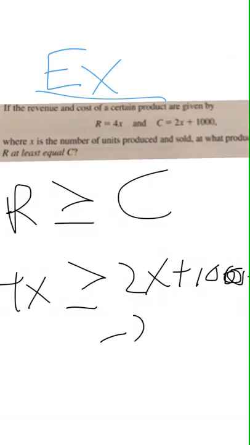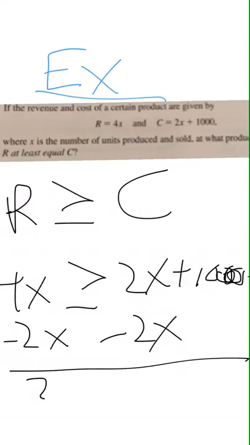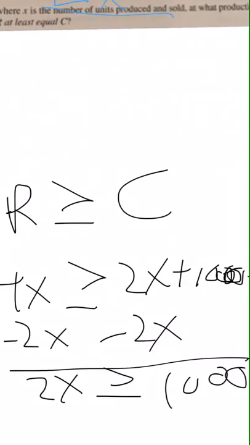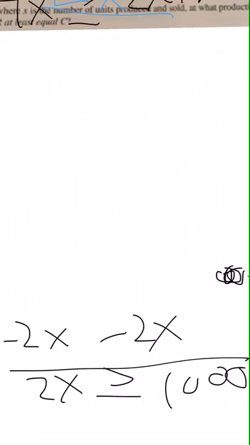Alright, so if you subtract 2x, that should be 1,000. Unfortunately, I can't write to save my life. But if you subtract 2x from both sides, you have 2x is greater than or equal to 1,000. Which means that if you divide by 2, since we're dividing by a positive number, the inequality stays the same.